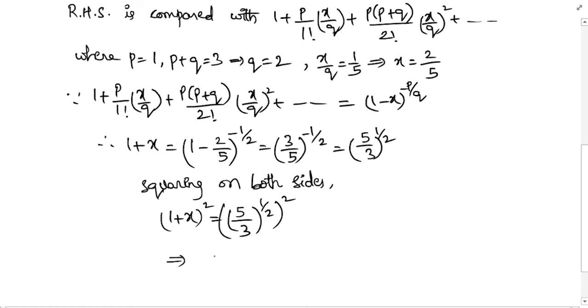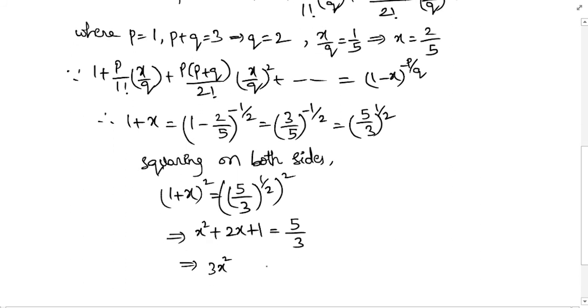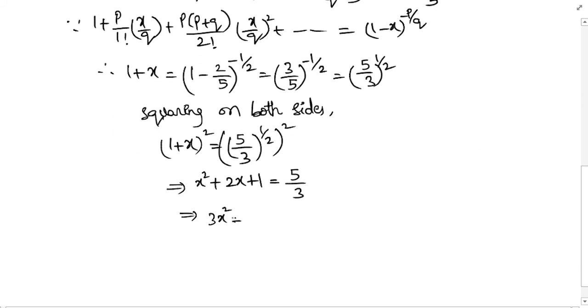So that implies x square plus 2x plus 1 is equal to 5 by 3. That implies 3x square. I'm bringing this 3 to LHS. Okay, so 3x square plus 6x plus 3 is equal to 5. That implies 3x square plus 6x is equal to 2. Okay, so 2 is our answer.